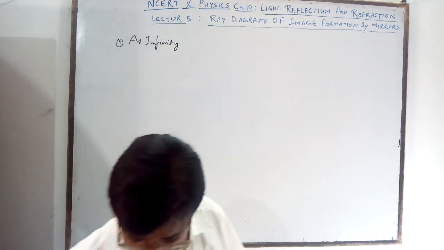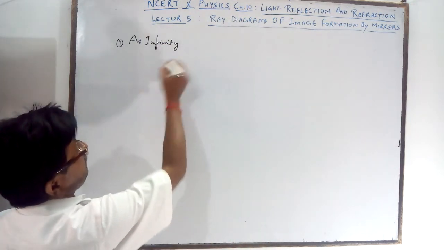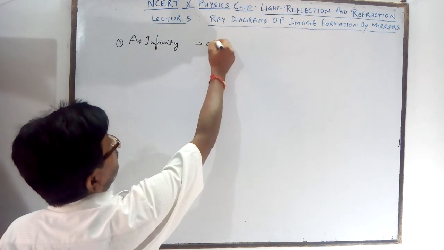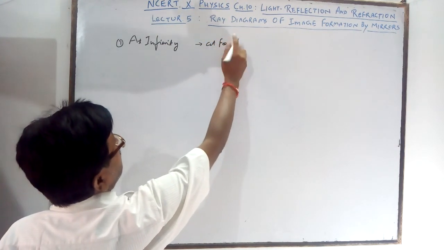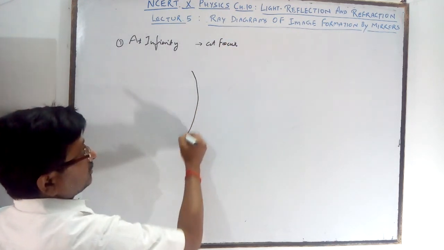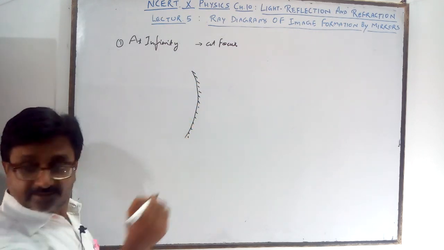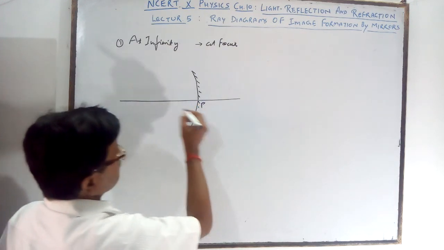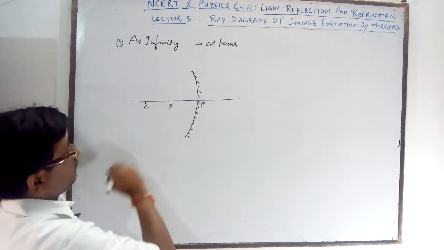When the object is at infinity, we will take the ray diagram where the image forms. The image will be at the focus. We'll draw the ray diagram and draw the principal axis, focus, center of curvature.